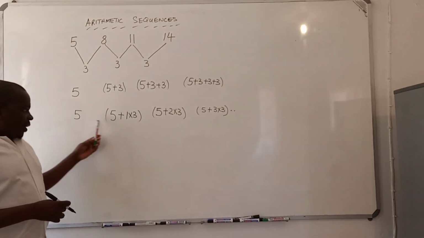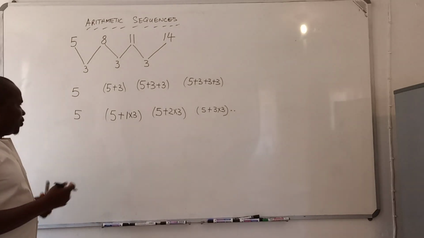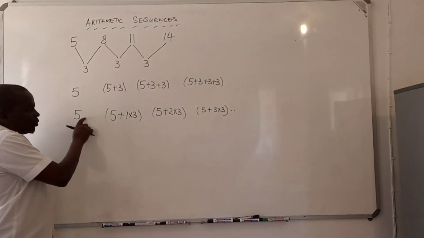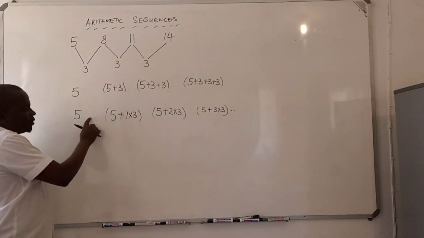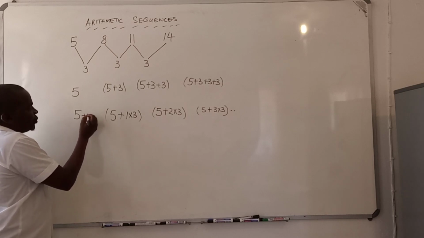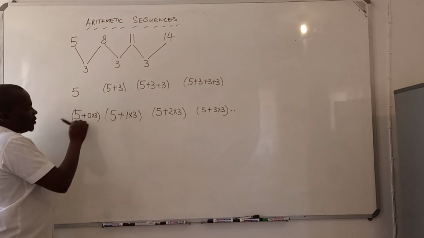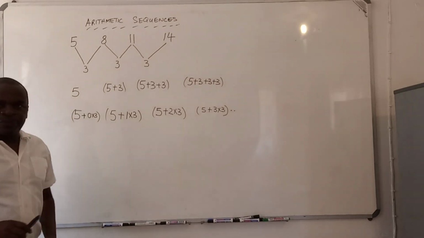Now I want us to analyze these first 4 terms here. But before we do that, I just want to add a product of 0 and 3 here because we don't see any 3, but I can safely introduce it to our first term. There is no 3, so I'll just say 0 times 3. So this will be our first term.